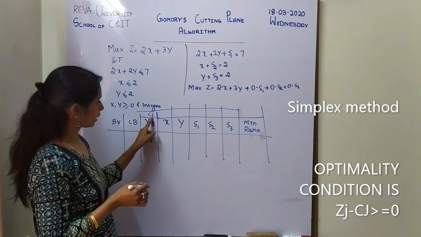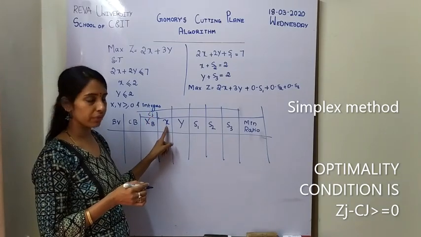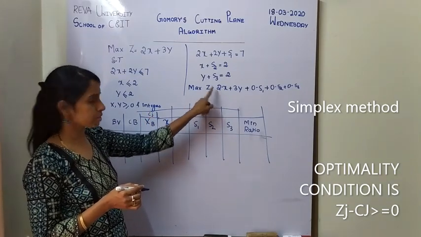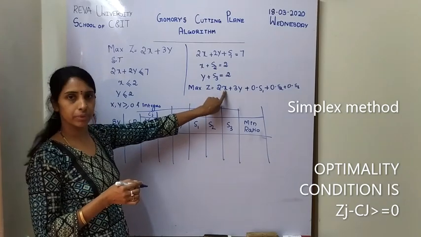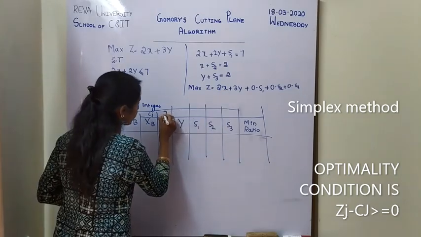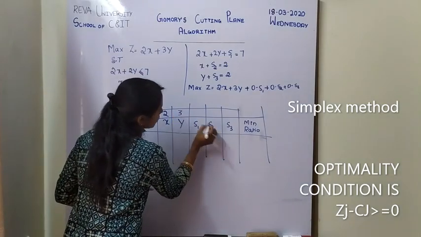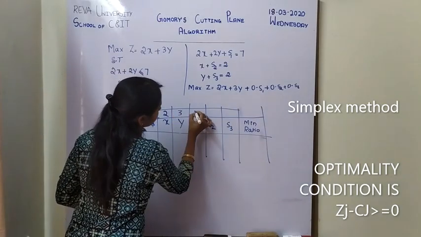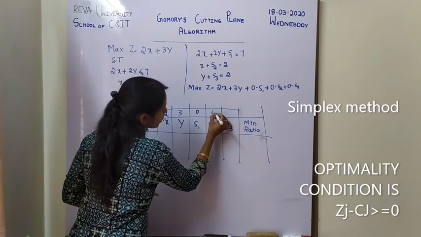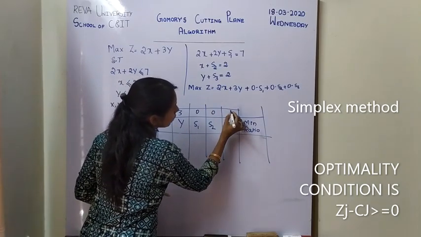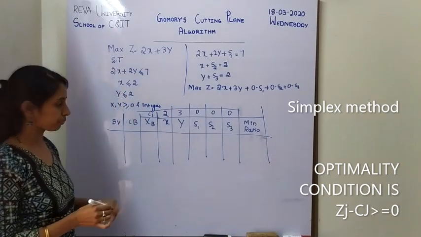Now for Cj, you write the coefficients from your objective function. The X coefficient is 2, the Y coefficient is 3, and the S1, S2 and S3 coefficients are 0.